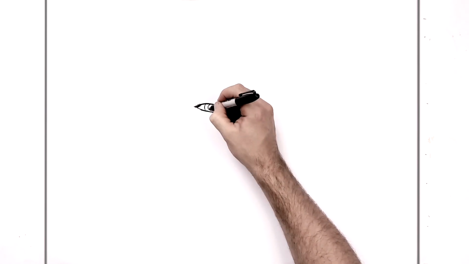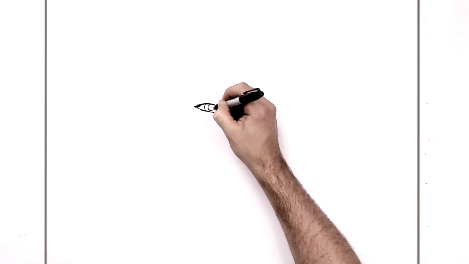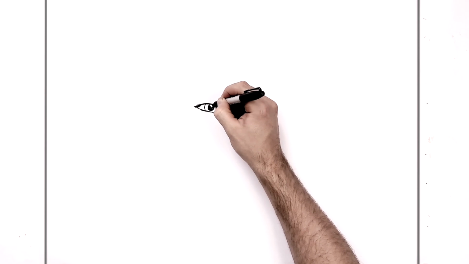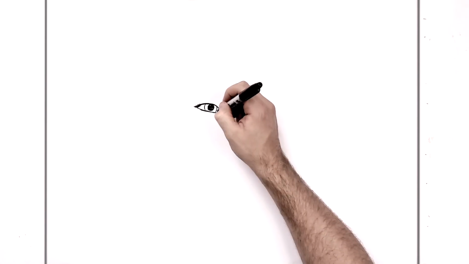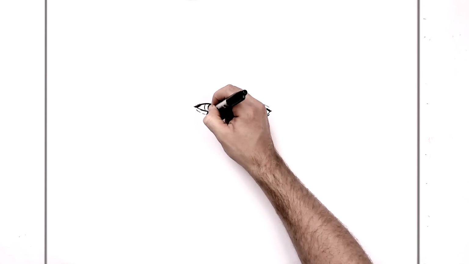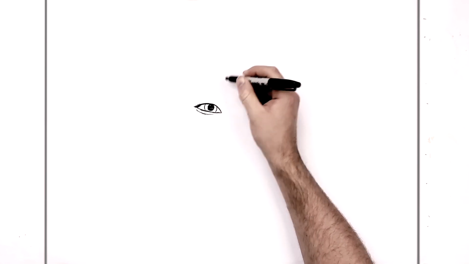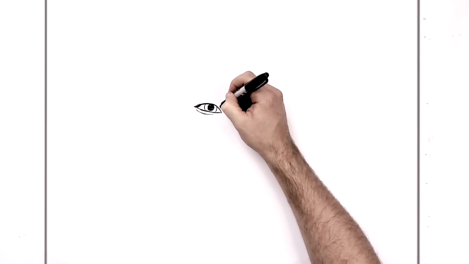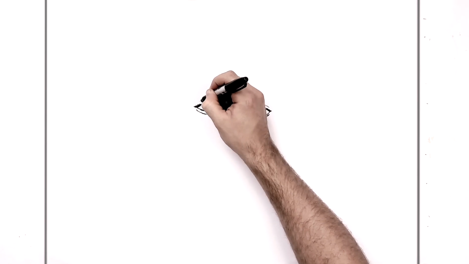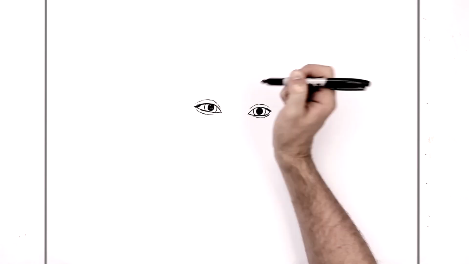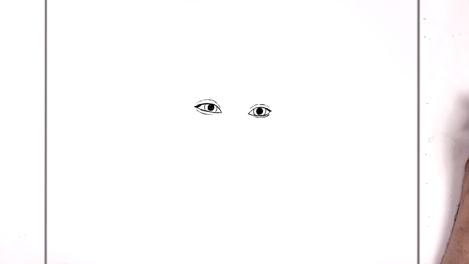Again, I think we can see pretty much the whole pupil. Like so, and then we'll give her sort of a line under her eyes, and an eyelid line. There.